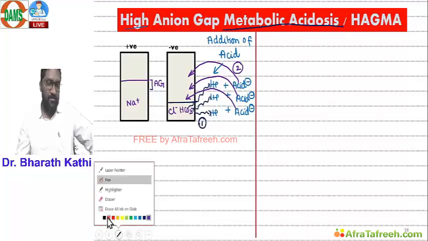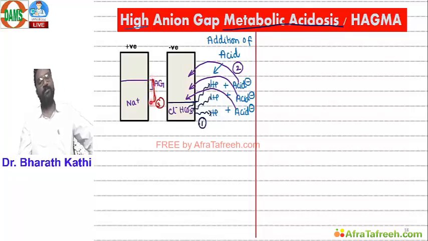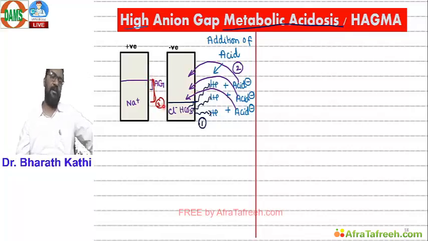Because of these two events, your anion gap becomes persistently high. Previously, the anion gap was only this much. Now it has increased to this much. There is metabolic acidosis and it is associated with a high anion gap.